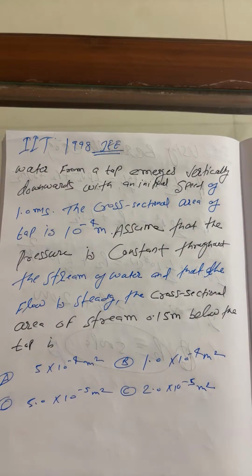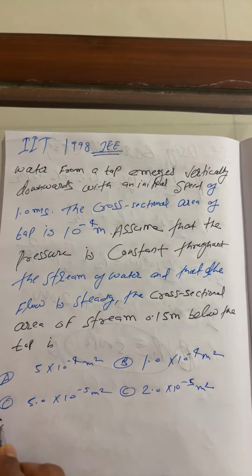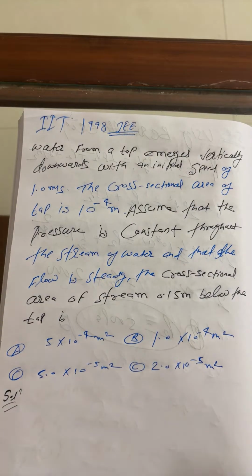Have a look everyone at the question. Listen to me carefully. The answers may be the same, I don't know, but my intention is to solve this question and give some message.